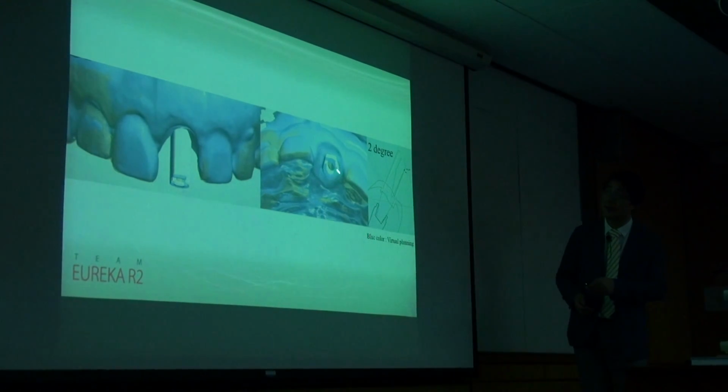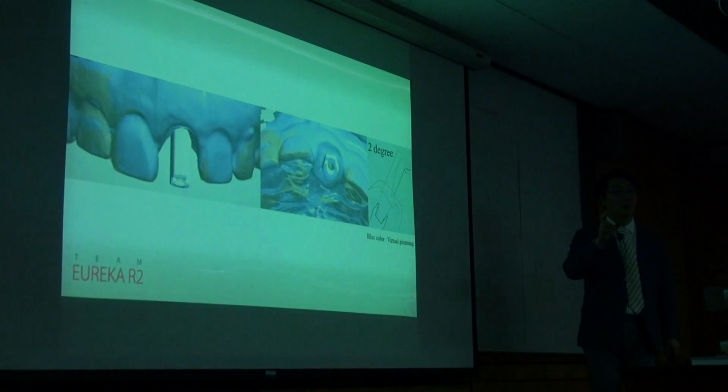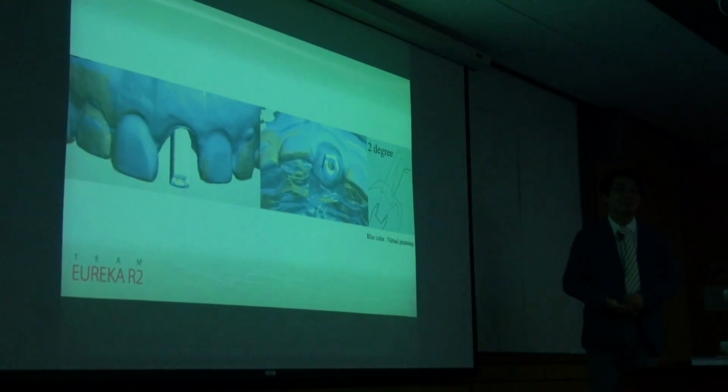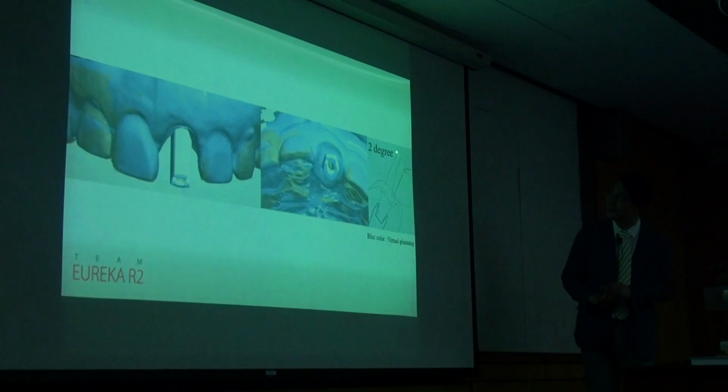Can you see this? Even though I prepared the palatal bone, the implant is a little bit tilted buccal, right? How about 2 degrees? But it is acceptable and clean. How about the vertical position? It's a very small amount of change.